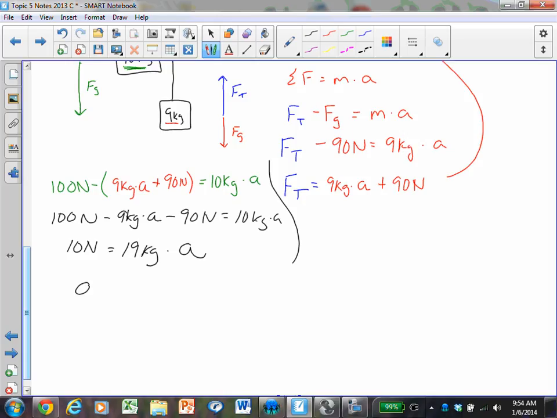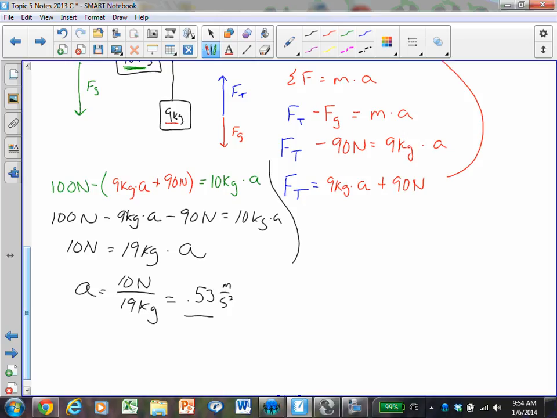A will be 10 newtons over 19 kilograms, right? Or 0.53. What's my units? That's right, because a newton is kilograms times meters per second squared, so the kilograms cancel, and I'm left with an acceleration of 0.5 meters per second squared.